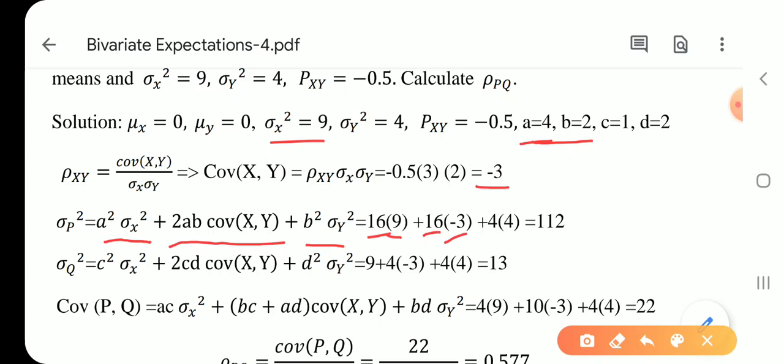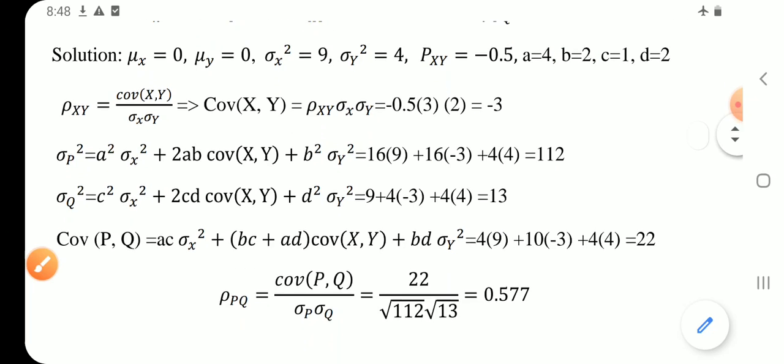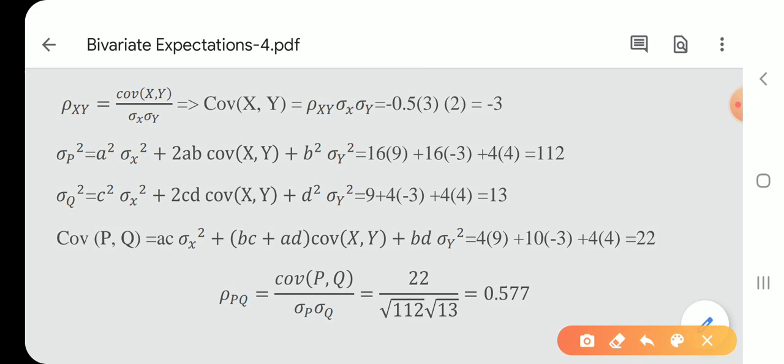Covariance we have found to be minus 3, b square is 4, and the value of sigma y square is 4. When you multiply all these and add, we get the value as 112. So sigma square p is 112. That means sigma p is square root of 112.